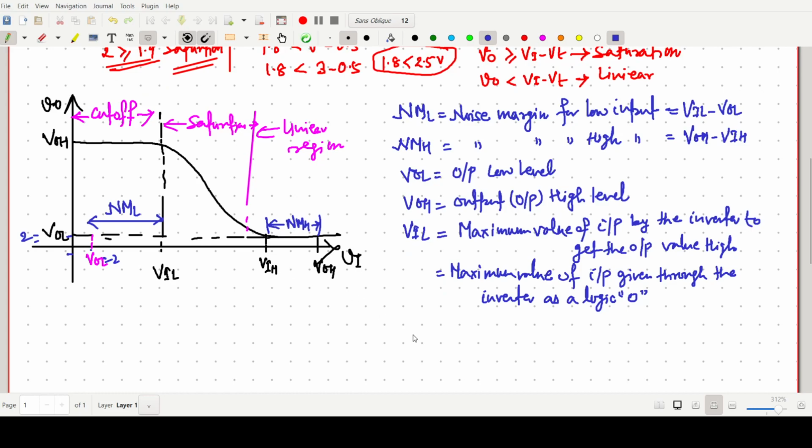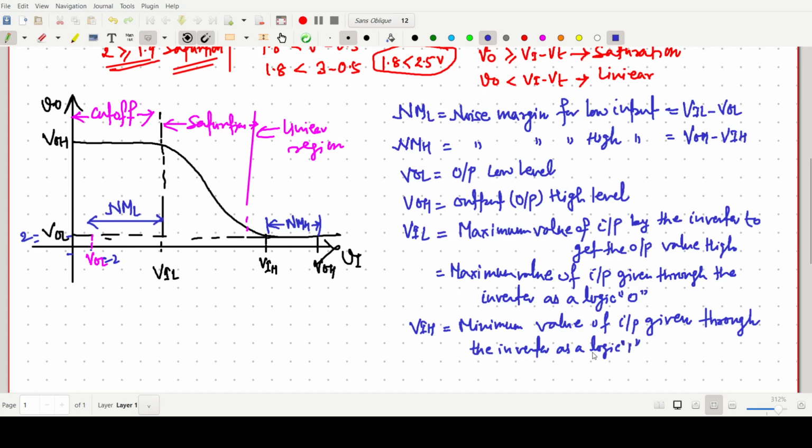But here the other term is our VIH. This VIH is the minimum value of input given through the inverter as a logic 1, and at that time it will give the output low value, here output high.